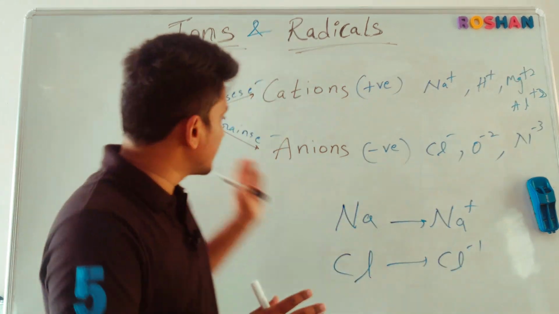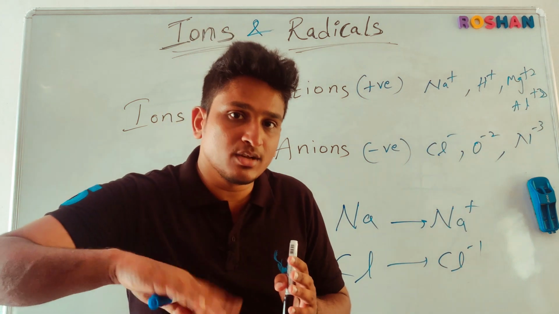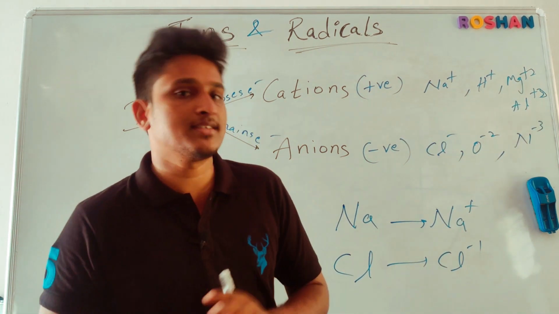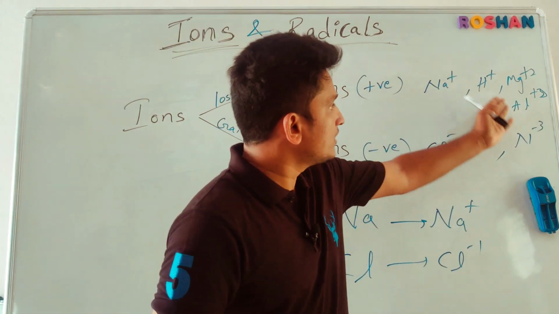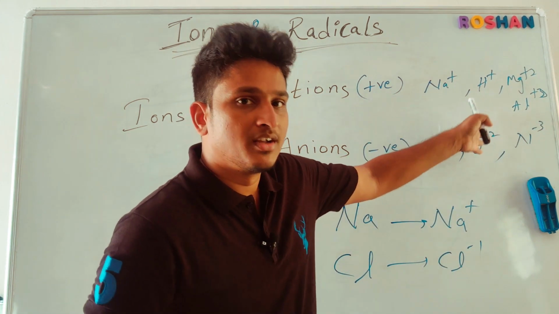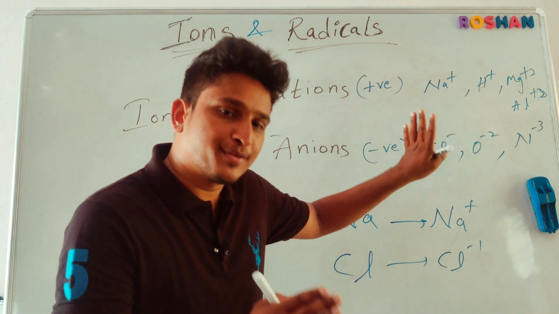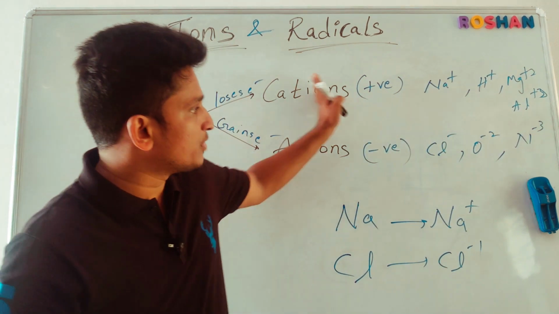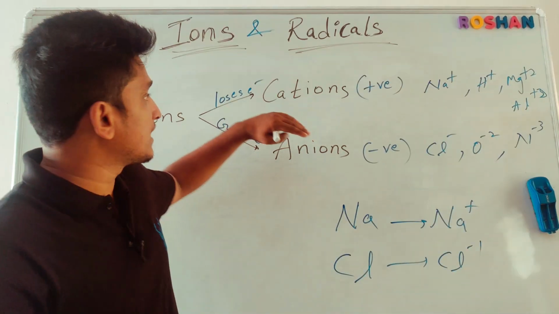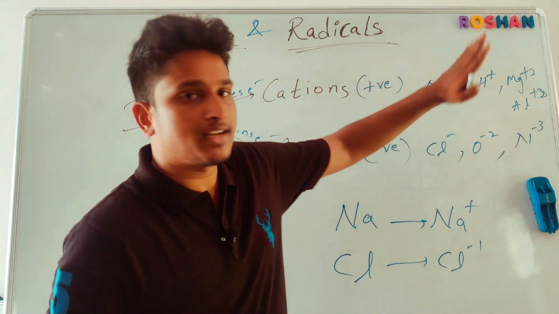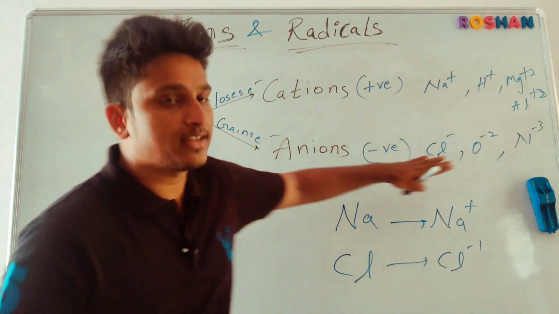And an atom, after gaining electrons, becomes a negatively charged particle called an anion. You can see the symbols. All these are atoms only, students, but they have a charge, so we call them ions. That's it. Ions come from atoms only. Two types of ions, positive ions and negative ions. So one more clarity: why do they get the positive charge after losing, and the negative charge after gaining?